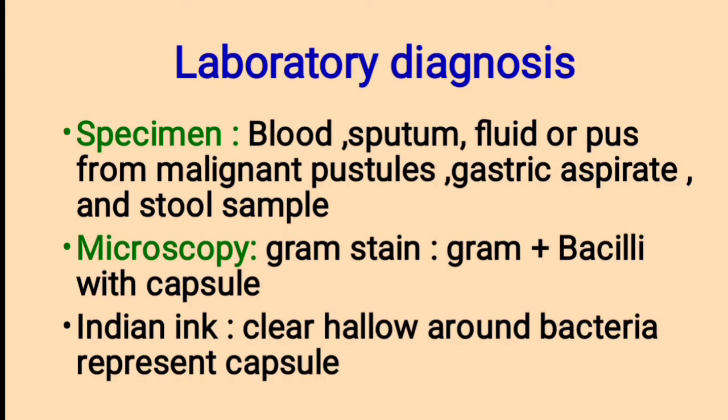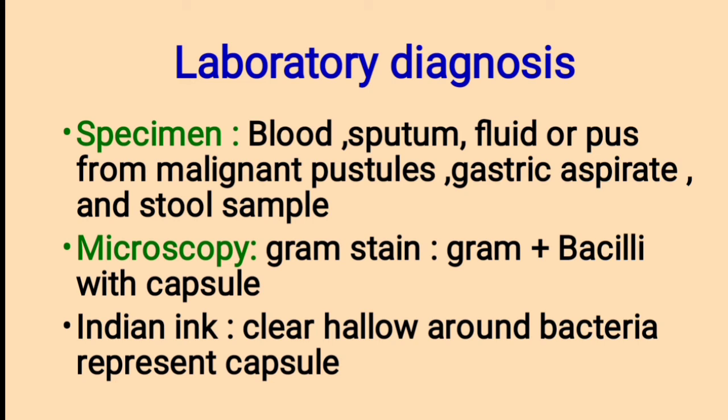Then laboratory diagnosis. What are the methods adopted for the laboratory diagnosis of Bacillus anthracis? First, specimen. Blood, sputum, fluid or pus from malignant pustules, gastric aspirate and stool sample are collected. Then microscopical examination: gram staining shows gram-positive bacilli with capsule.